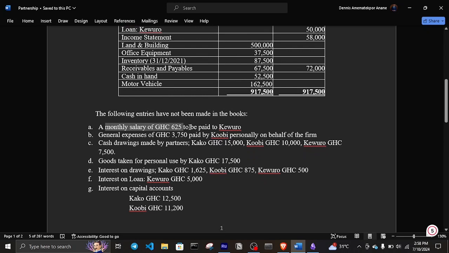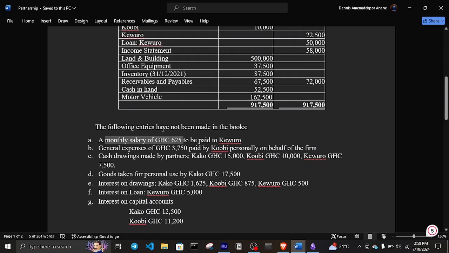Since a monthly salary takes from the business's profit, it is going to reduce the profit the business has made. So we are going to subtract the monthly salary of 625 cedis times 12 from the adjusted profit that we calculated.